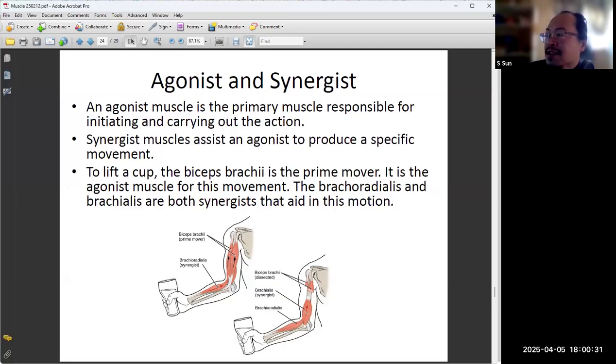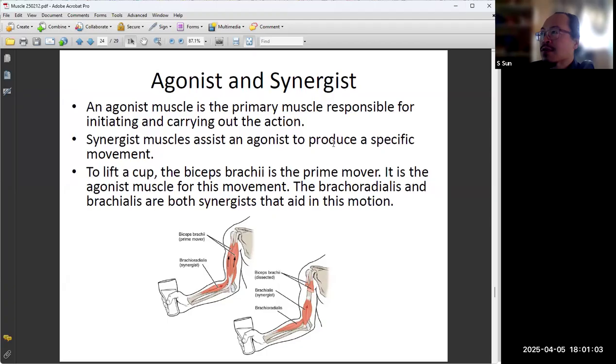For example, here is another muscle, brachialis. This one also does the flexion. It's not the primary one, it's a supportive one. We call this supportive one a synergist. All these are working toward the same goal, which is to conduct a flexion of this angle. So we have the agonist and the synergist working together for the same action.